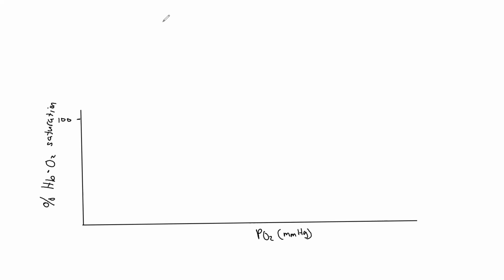Let's first start by describing what the Bohr effect is. So the Bohr effect is the influence of hemoglobin, the way that it wants to bind oxygen in the presence of acidity or lower pH. So we have hemoglobin plus oxygen.